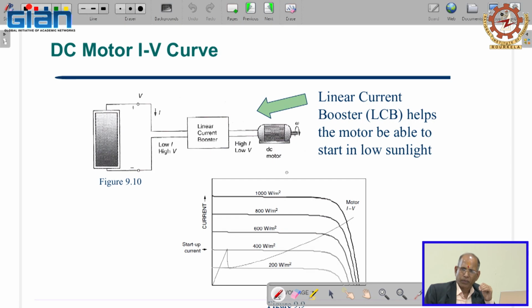The motor can be started corresponding to reduced current. So you can see that if we are using this device LCB, the motor can be started closer to say 8 AM in the morning. So the motor can have extended hours of operation. This way, a linear current booster or any similar device can be very useful.